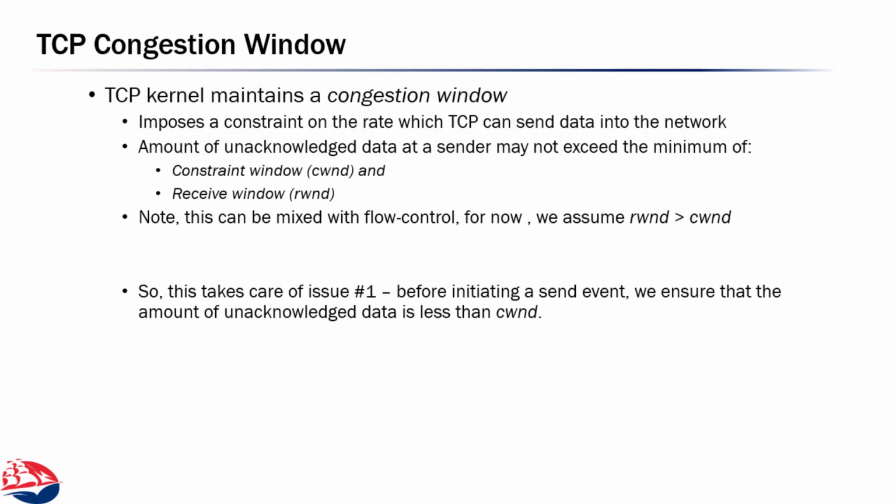So in the first case, what we're going to do is, in addition to the data size window that we saw in the TCP header, inside the TCP kernel, we're going to maintain another variable called the congestion window. So this is not exchanged between the two TCP endpoints.